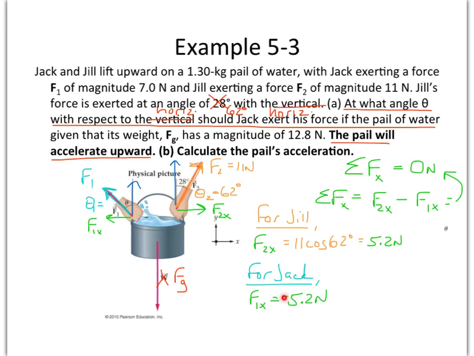All right, well, this is very helpful because now we're going to know what Jack's x component of his force is. Negative 5.2 newtons. Okay, well, if we know that Jack's full force, that is the full magnitude of his force, equals 7 newtons, and we know the horizontal component of it, we should easily be able to find the theta that his force makes with the horizontal.